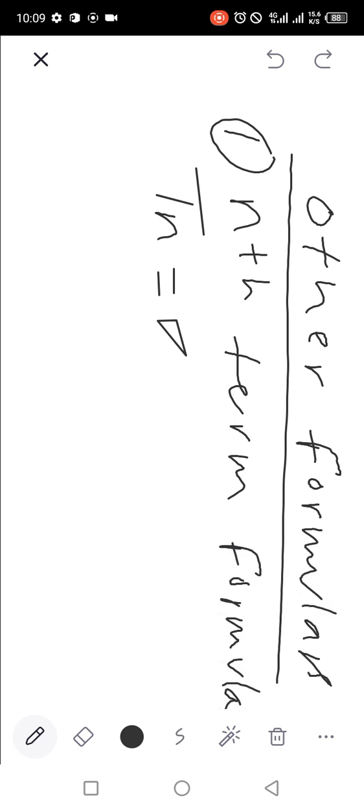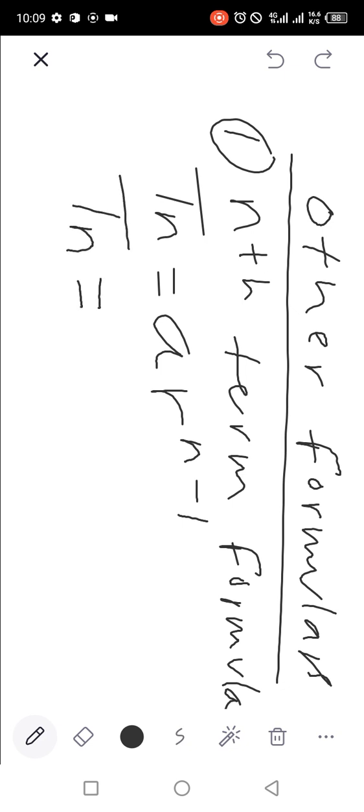Okay, let me just turn off the smart recognition here. So it is just A R to the power n minus 1. But in most cases, for better understanding, I like writing it like this: A times R to the power n minus 1.